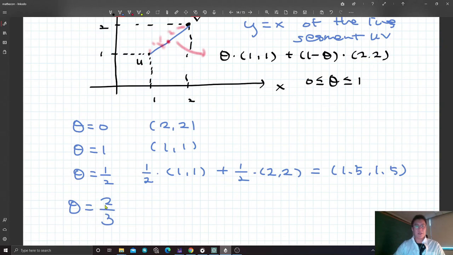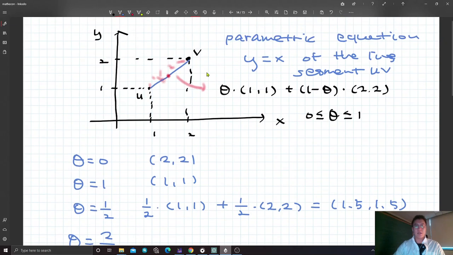So when theta is equal to 2/3, we are going to have this point dividing this line segment in the ratio of 1 to 2. Just by adjusting the size of theta, you can represent any point on the line segment. This is why this equation becomes the parametric equation of the line segment.